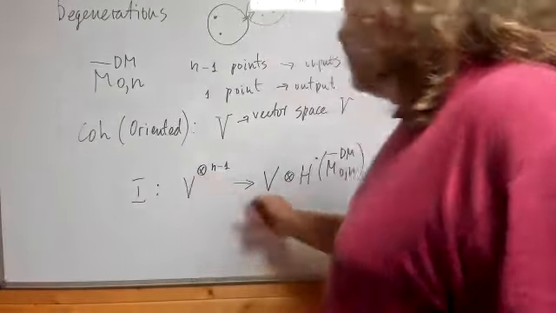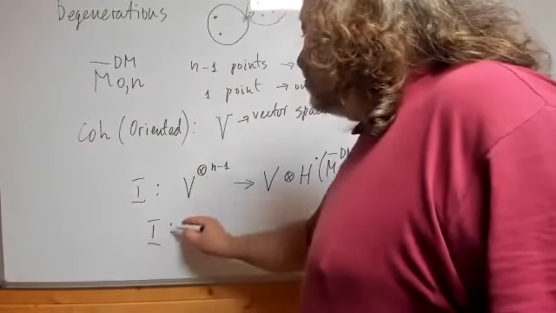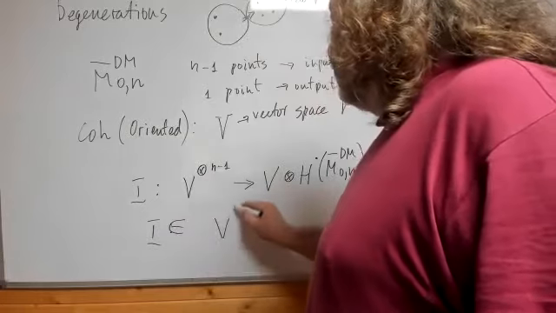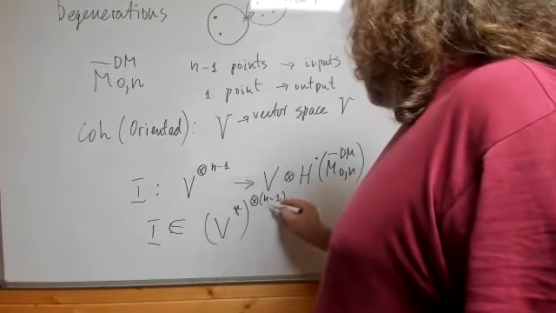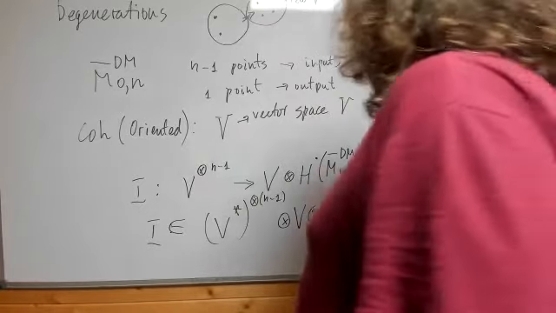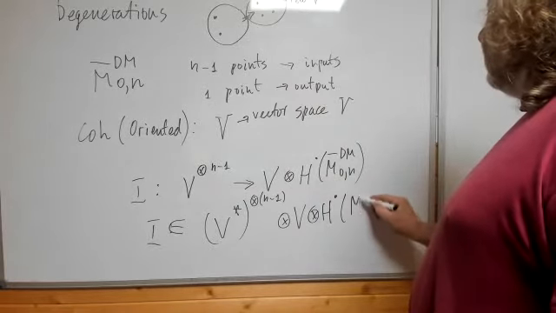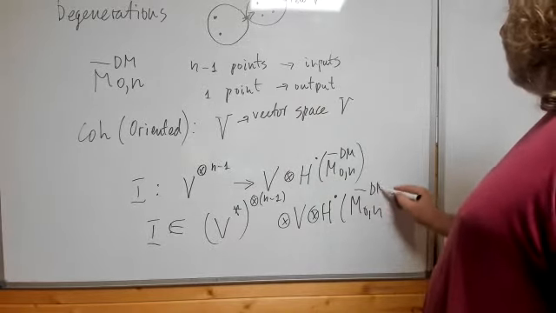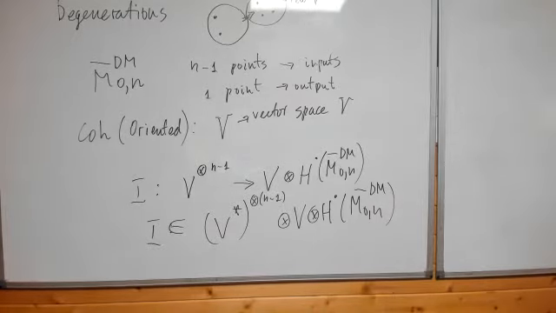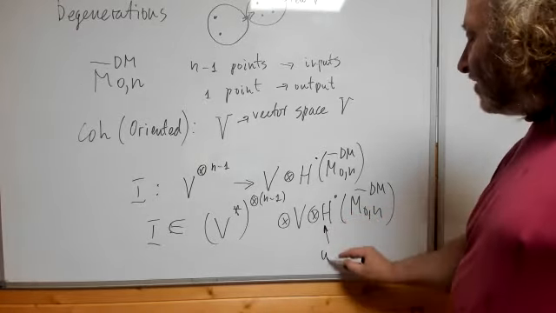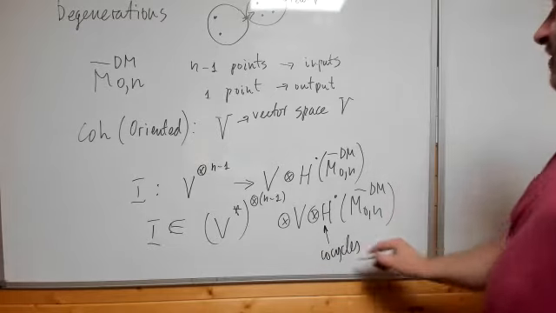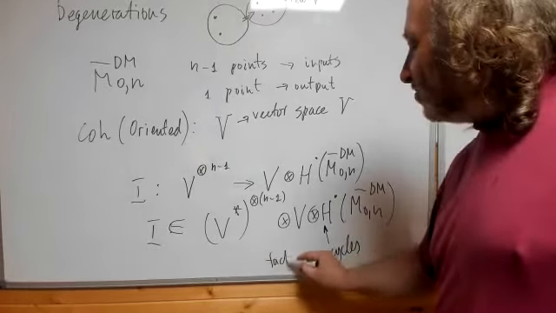So the main object I belongs to V star to the tensor power n minus 1 tensor V tensor cohomology of M0n Deligne-Mumford. Actually, these were closed cycles. We consider actually factorizable cocycles.